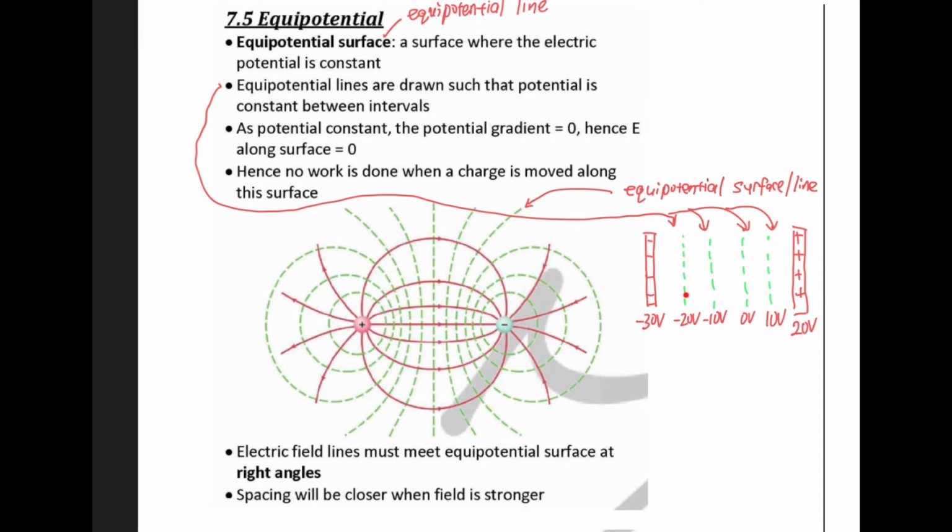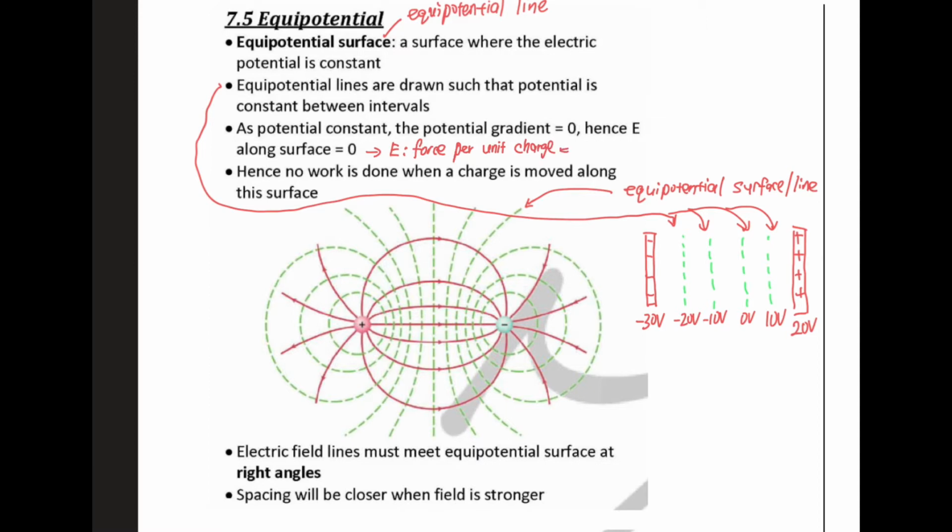First of all, we have to know that the electric field strength is actually force per unit charge. Try to imagine that electric field strength is force per unit charge.